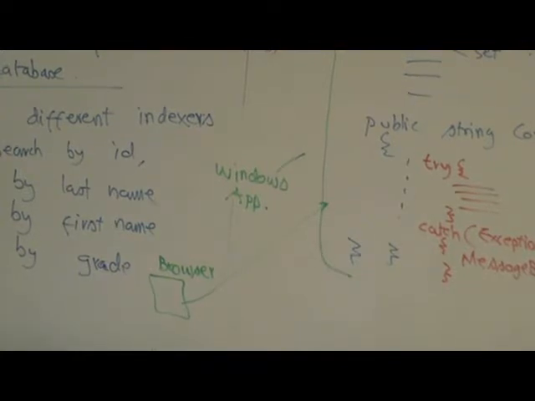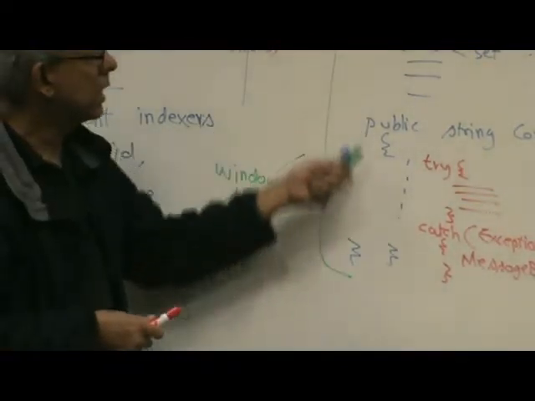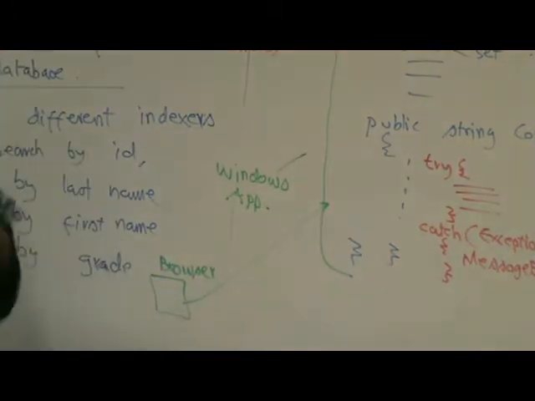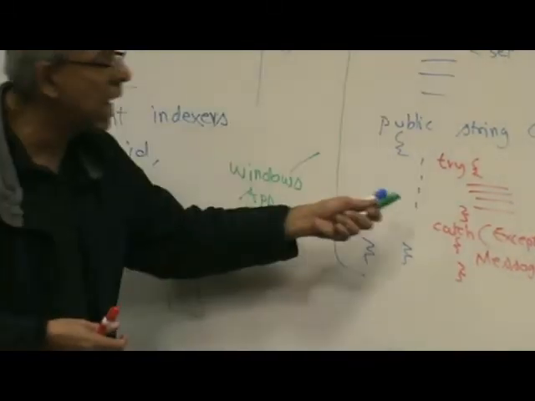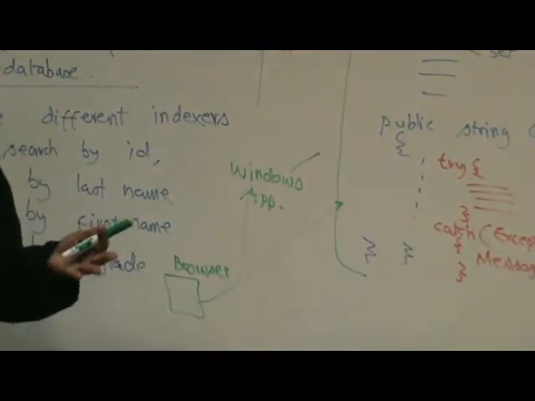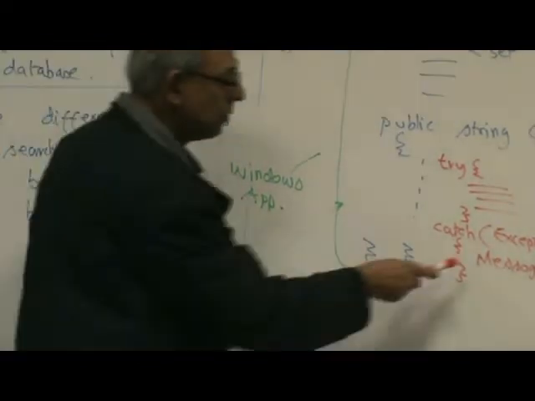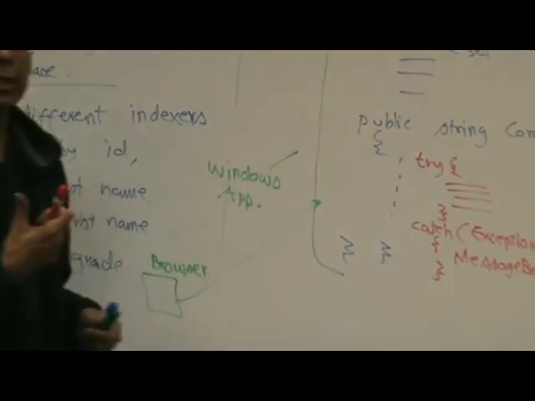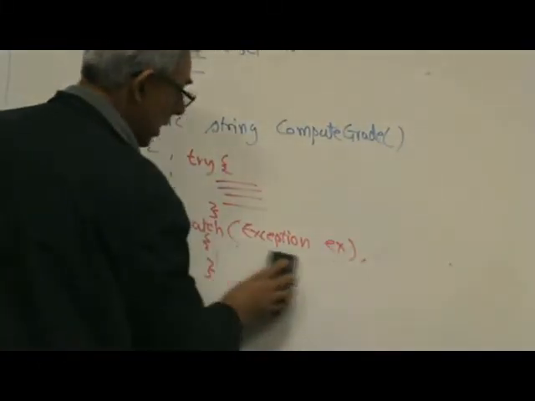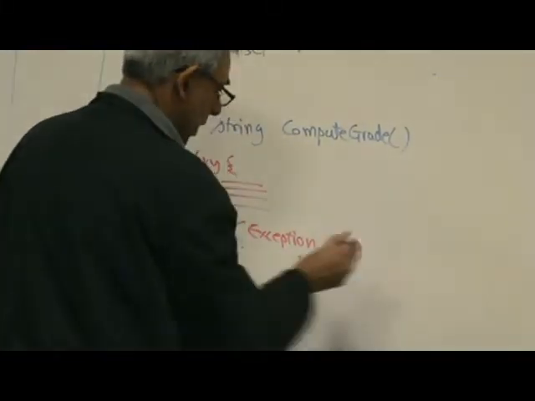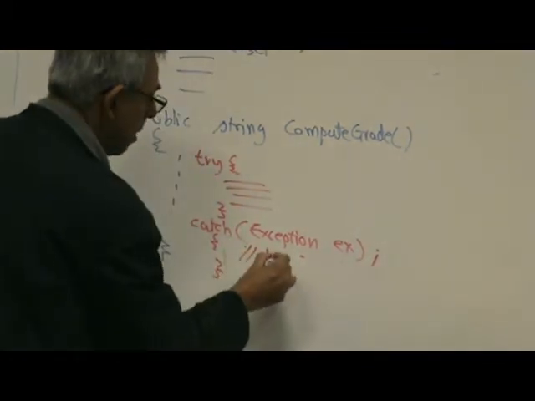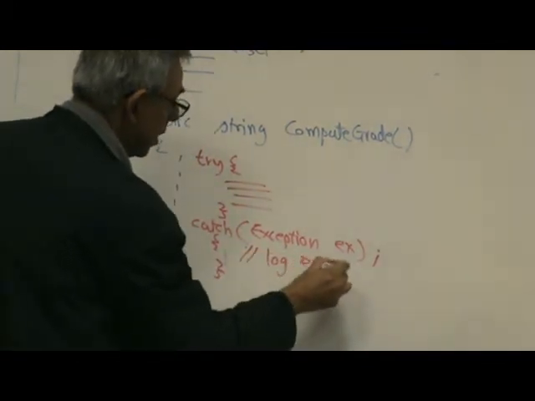So it's a bad idea if you are creating a class that is a pure code class, with nothing to do with a user interface, to display any error messages. The proper thing to do in that case is to log the error message.